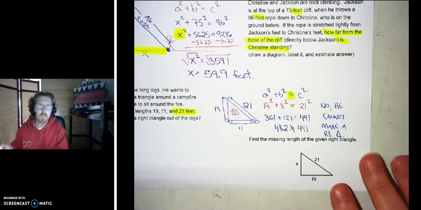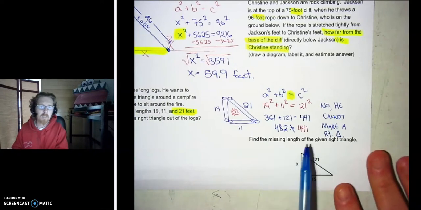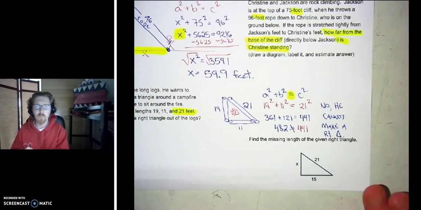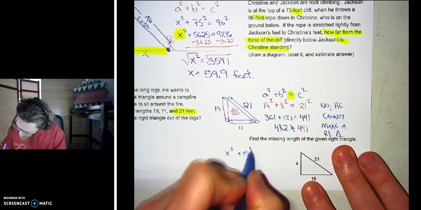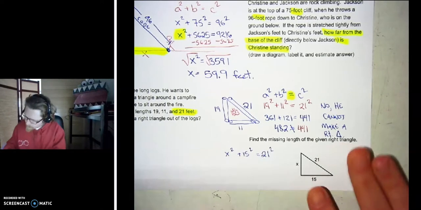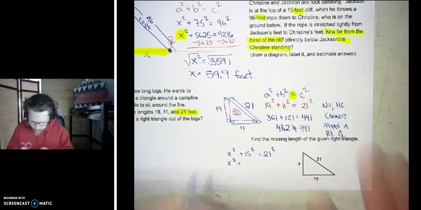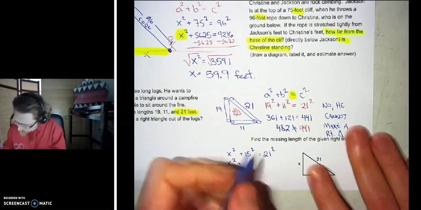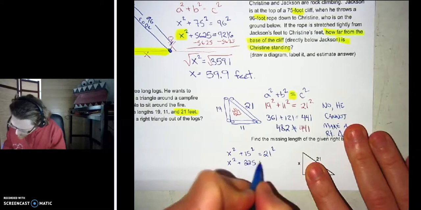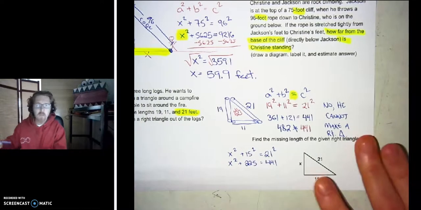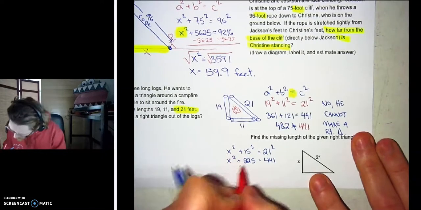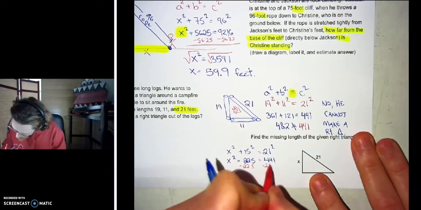And finally, let's just apply the missing length. We know that a squared plus b squared is c squared. So in this case, x squared plus 15 squared equals 21 squared. 15 squared is 225. And 21 squared we actually did in this problem, 441. We're just going to solve for x. I'm going to take away 225 on both sides.